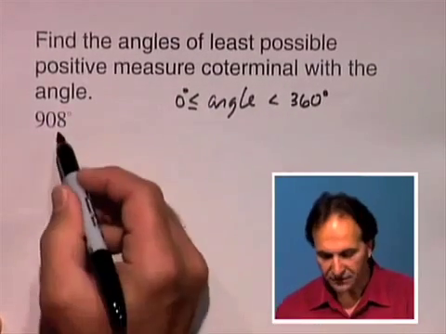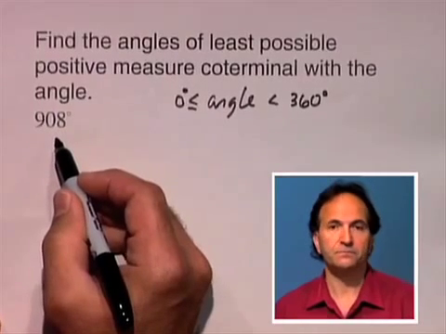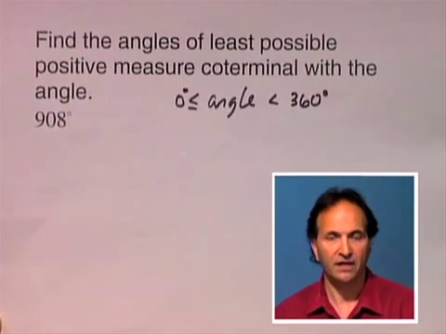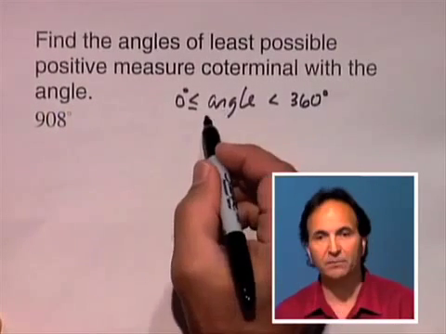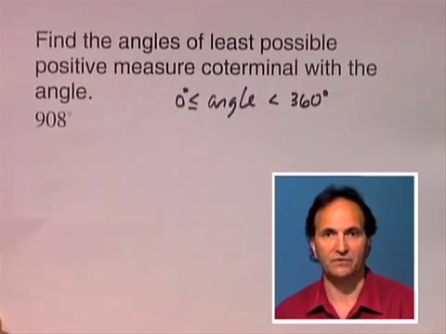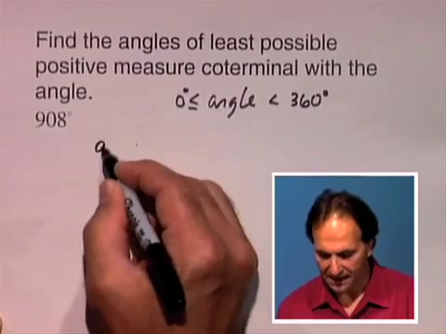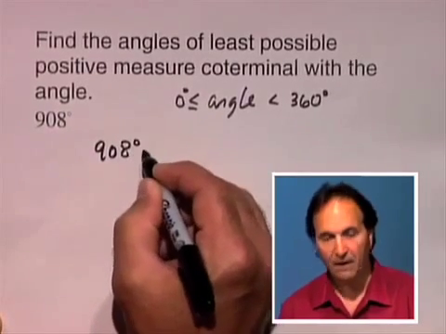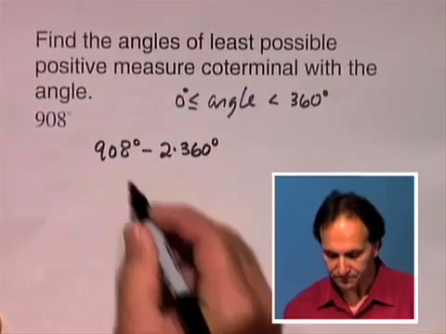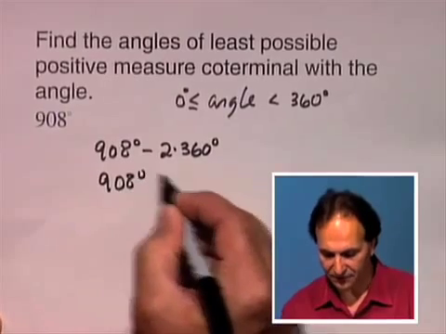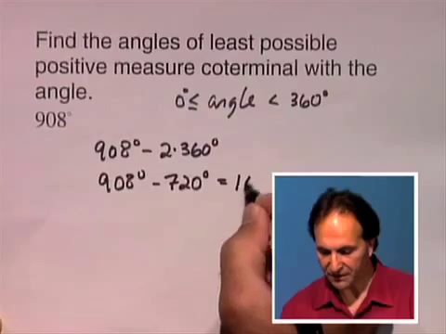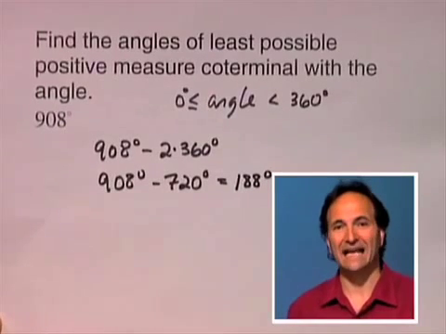Now what that means is from 908 degrees, we need to subtract a multiple of 360 degrees so that we end up with an angle between 0 and 360. And that multiple would be 2 times 360, so 908 degrees minus 2 times 360 degrees. Or in other words, 908 degrees minus 720 degrees, which gives us a result of 188 degrees.